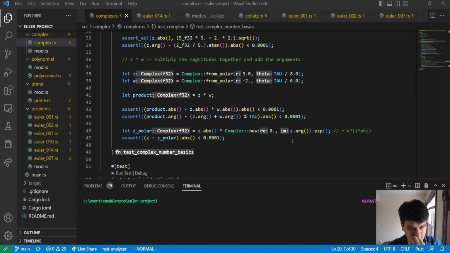And it's not gonna be 0, 1. Which, by the way, I don't want a new function here.